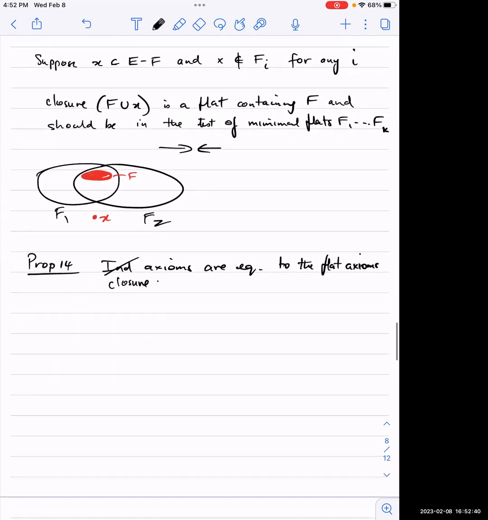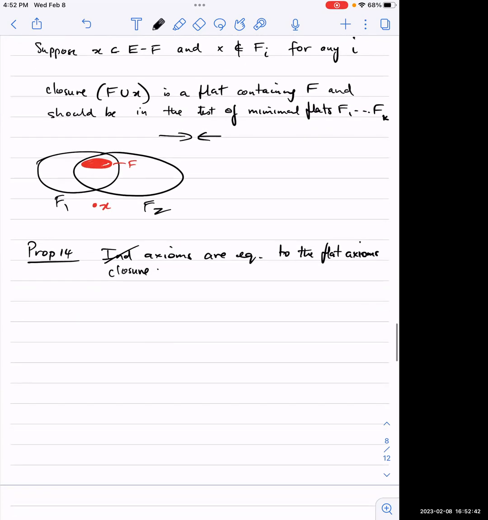And the last thing is the hyperplane axioms. We will be using the flat axioms and the hyperplane axioms when we draw our lattices next time. So let M be a matroid, and H is a set of hyperplanes.